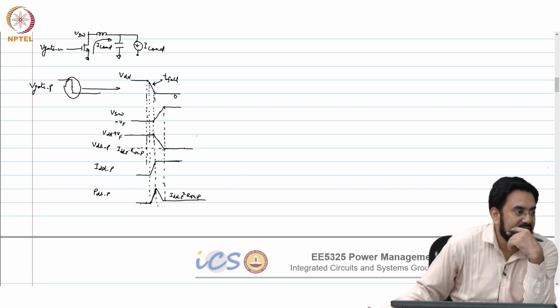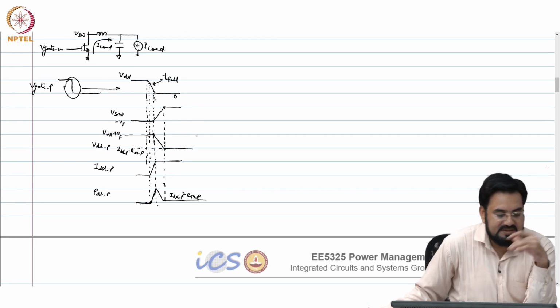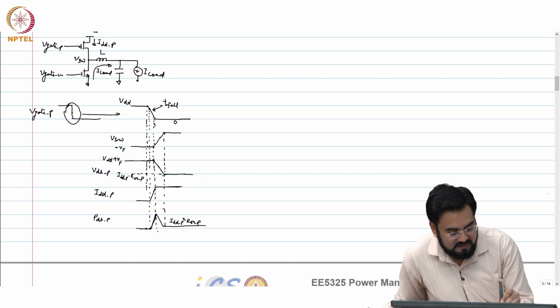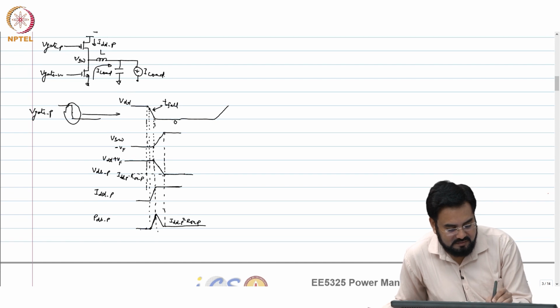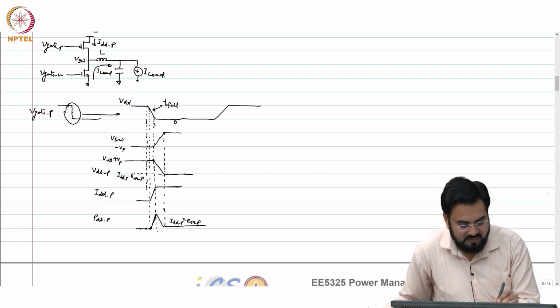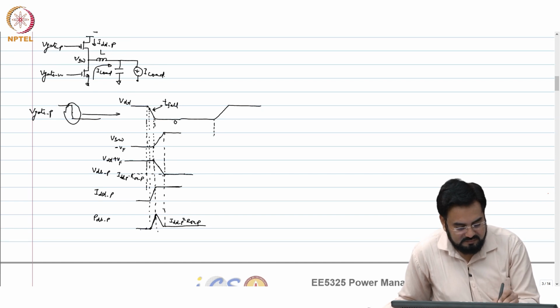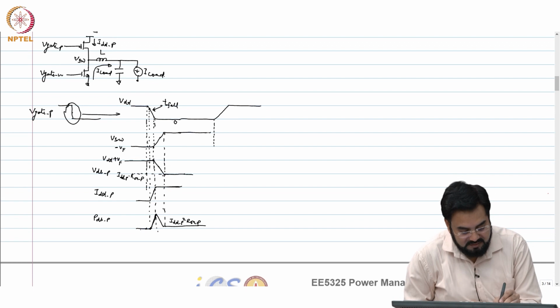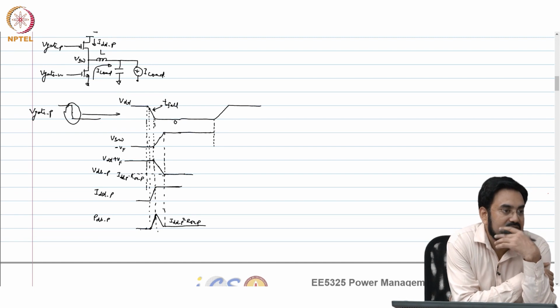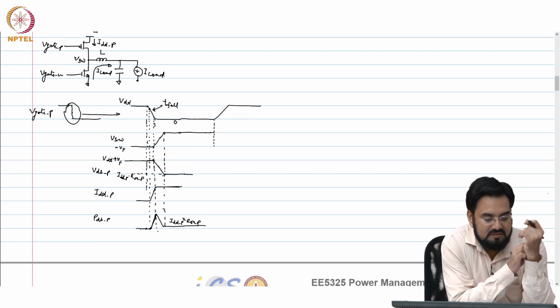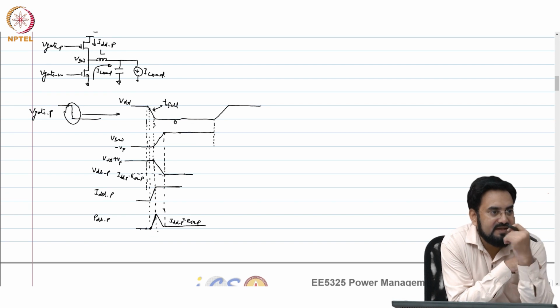Okay. Now, the same thing will happen when you are turning off. So, let us see when your... So, what will happen to the current? When you are turning off. So, when you are turning off, your VSW will start decreasing, correct?